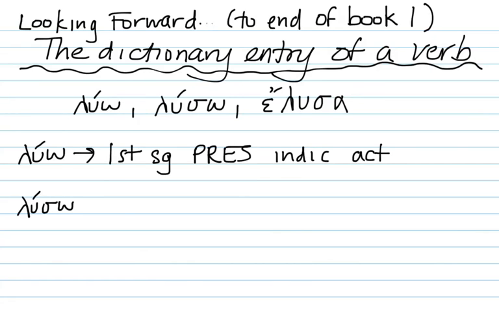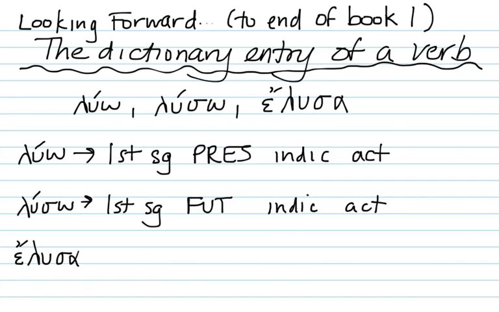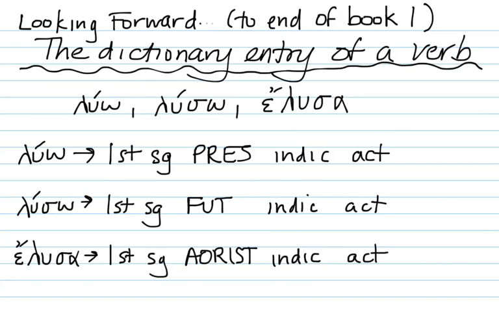Luso, which will be the second principal part, is the first singular future indicative active. And elusa, which will be the third principal part, is the first singular aorist indicative active. I know you don't know what aorist means yet, but it's a past tense.